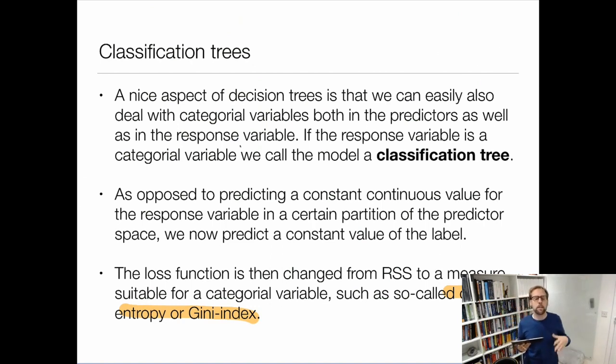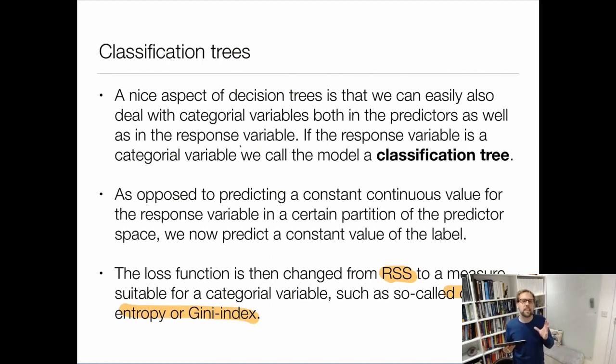You just have to know that if you go to Python, you want to compute classification trees rather than regression trees, that the idea of splitting the data into partitions is the same, but rather than spitting out one continuous value for each region, I will give you one class label for each region. And the loss function now is not anymore least squares or the residual sum of squares, which I want to minimize, but a different loss function, something called cross entropy or Gini index.